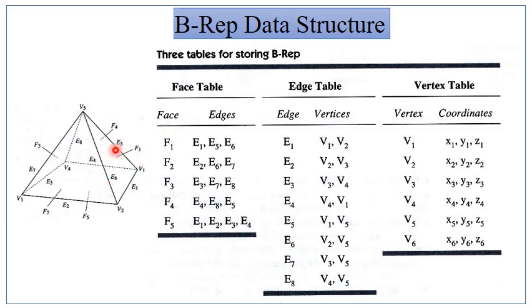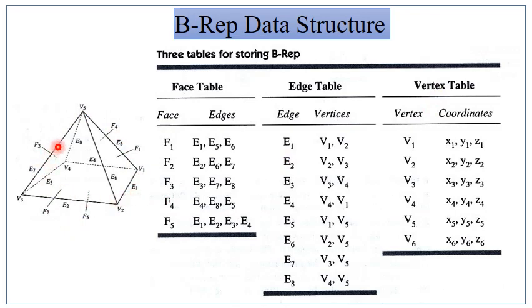So face 1 consists of vertices V1, V2 and V5 and the edges E1, E4 and E5. So here is an example, vertices V1, V2 and V5 and edges E1, E4 and E5. So we can see that in the face table, edge table and vertex table.